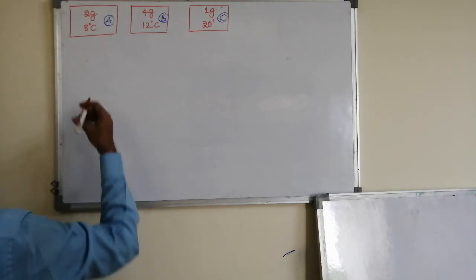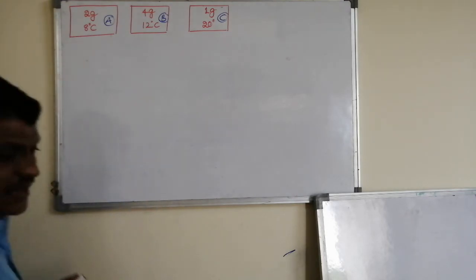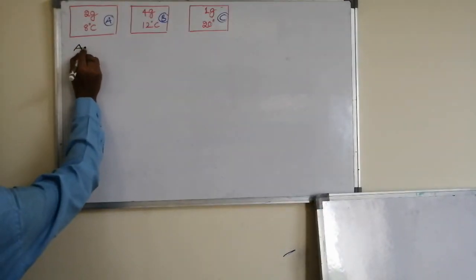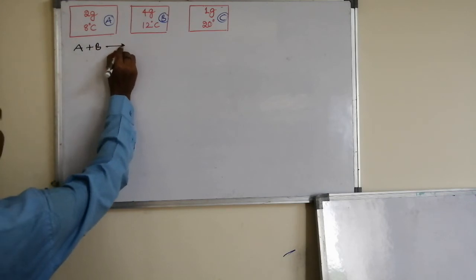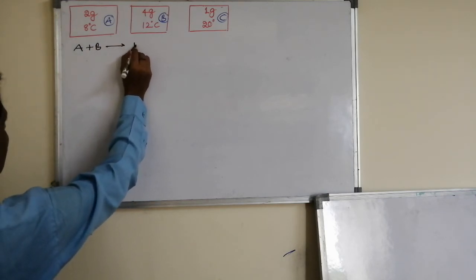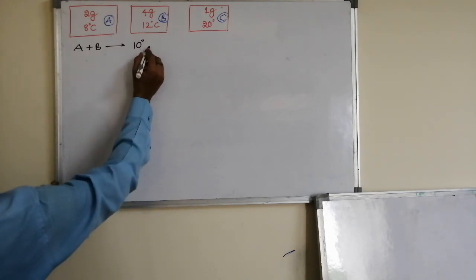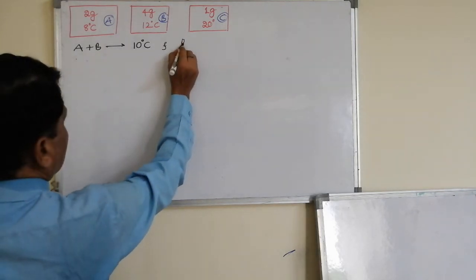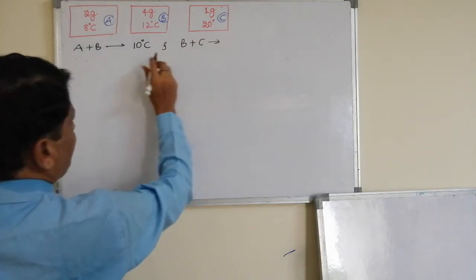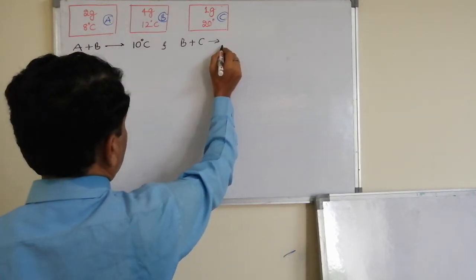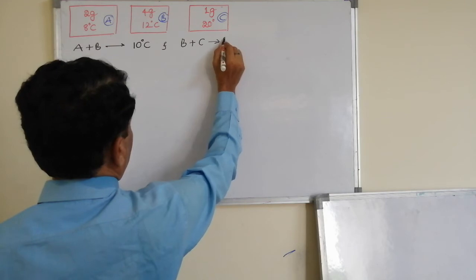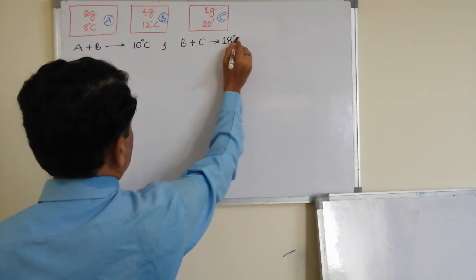When A and B are mixed, say final temperature is 10 degrees Celsius. When B and C are mixed, say final temperature is 18 degrees Celsius.